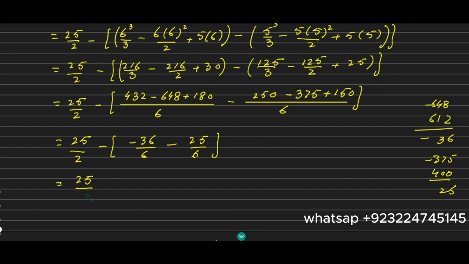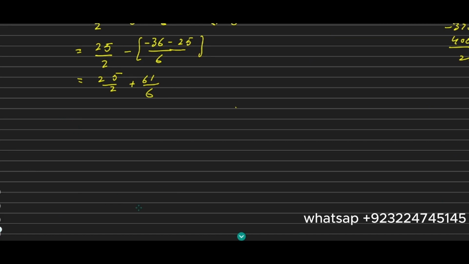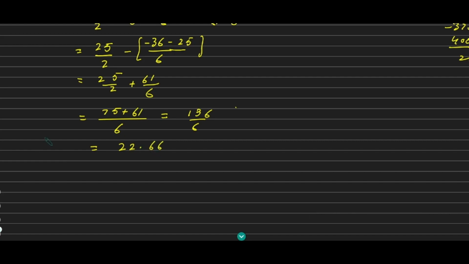So 25 by 2 minus, here we get minus 36 minus 25. 25 by 2 minus negative 61 by 6, which will be positive 61 by 6, and now when we take its LCM, the LCM is 6. 3 times 25 is 75 plus 61 is 136 by 6, divide by 6, we get the shaded area 22.66. This is the answer.